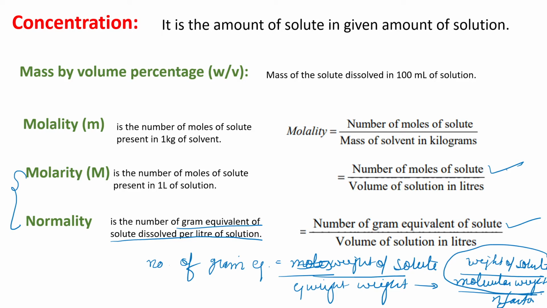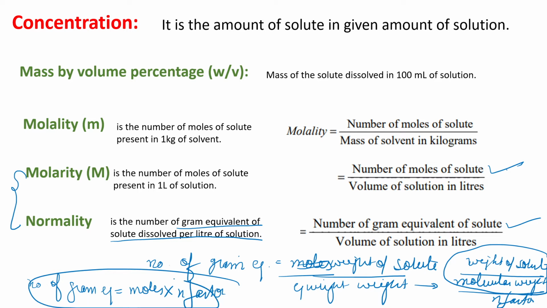Weight of solute by molecular weight is defined as moles. So number of gram equivalents is equal to moles into n factor. We'll solve some questions regarding this in further slides. So please pay attention to the relations over here.